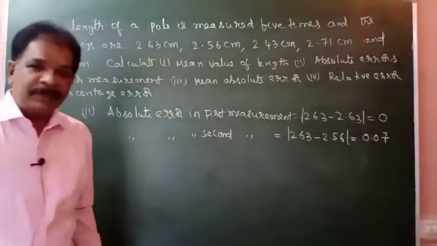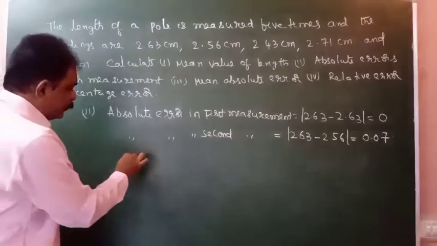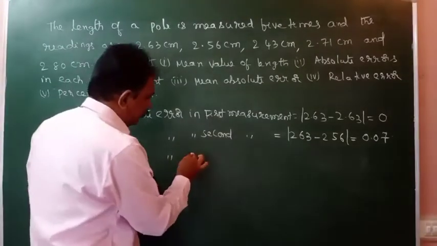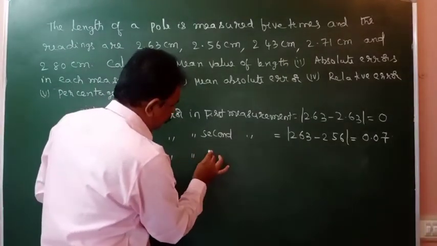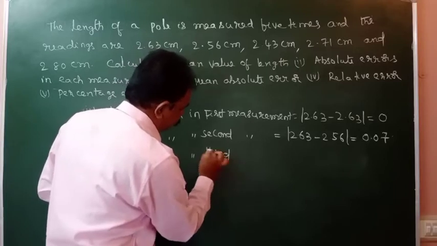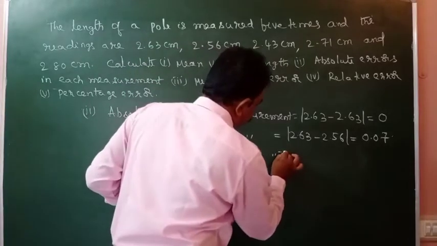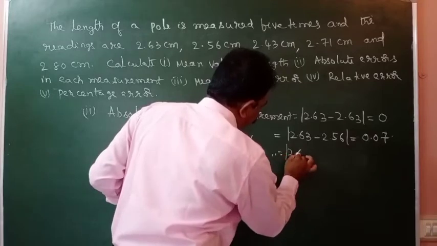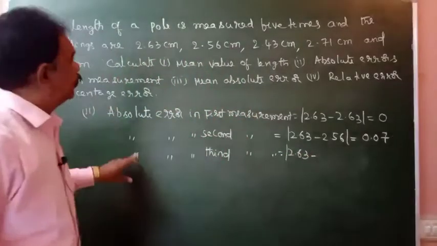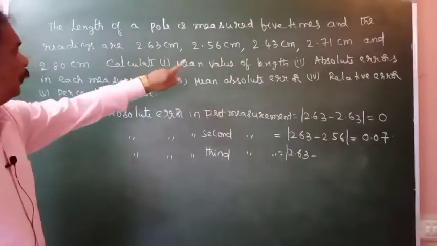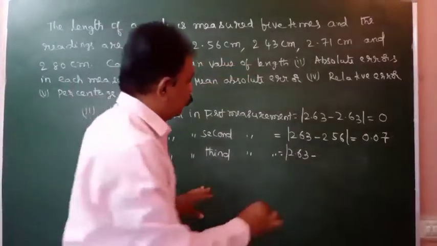So this value we will get as 0.07. Clear? Next, absolute error in third measurement is equal to 2.63 and the third measurement is 2.43.